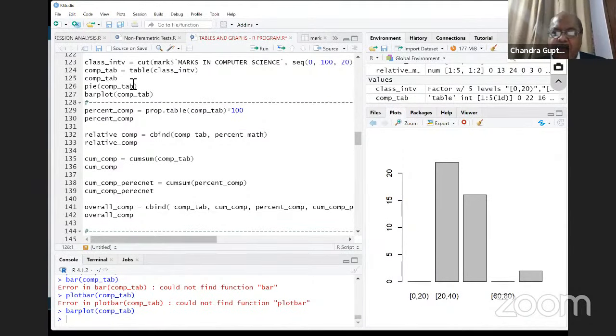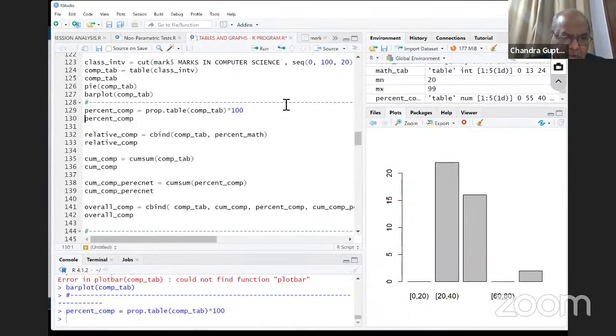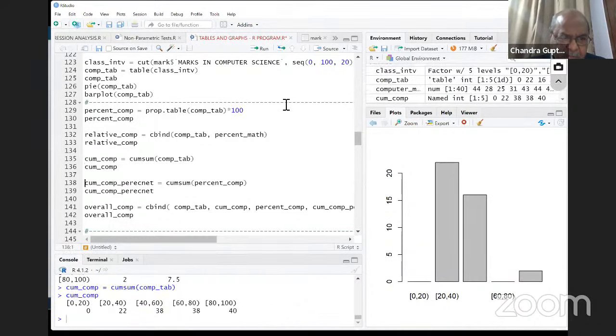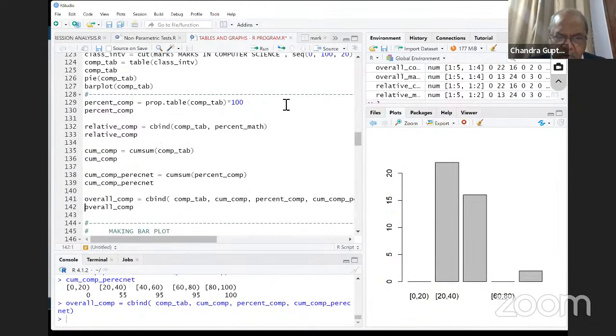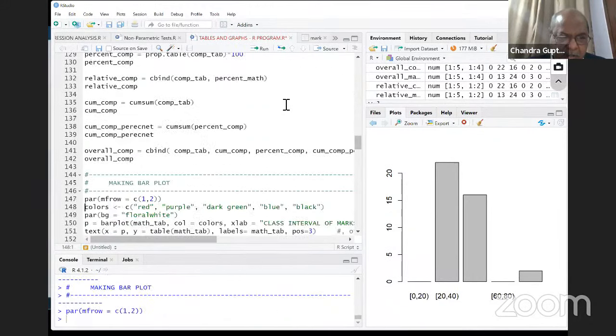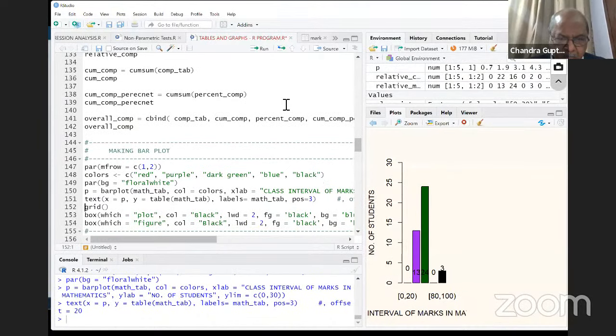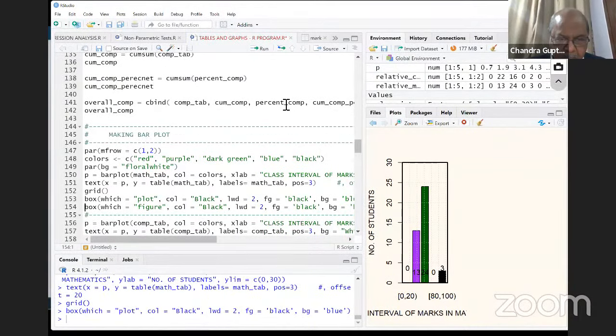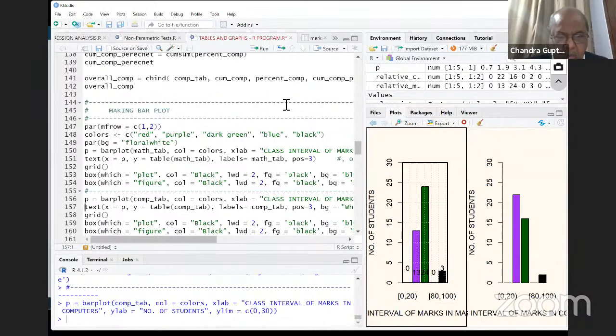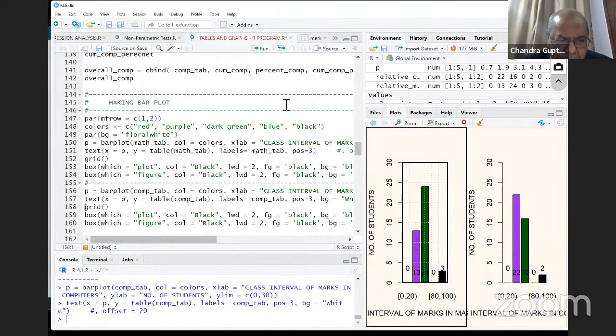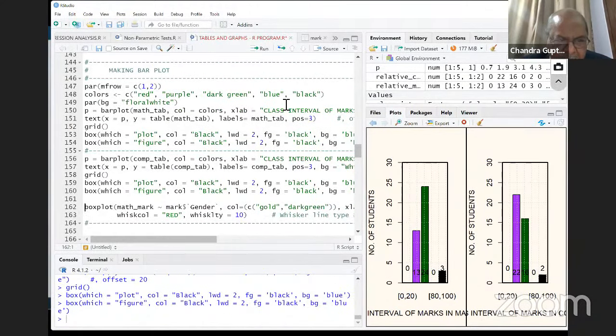Now you can make a bar chart of it. Simple barplot. Then we have here the marks, proportion of marks in computer science. Hold on. Then you can make the bar chart. So my P is a barplot, and I label it, I put grade into it, box it, and I get the result.